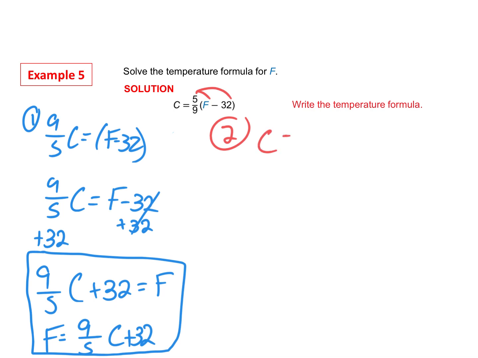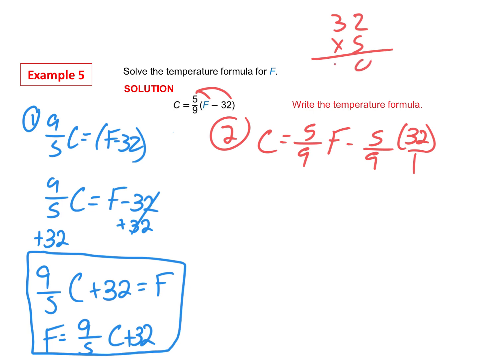We can do C equals 5 over 9 F minus 5 over 9 times 32 over 1. I'm going to combine the 32 times 5. Let's do the math. So we're going to get C is equal to 5 over 9 F minus 160 over 9.